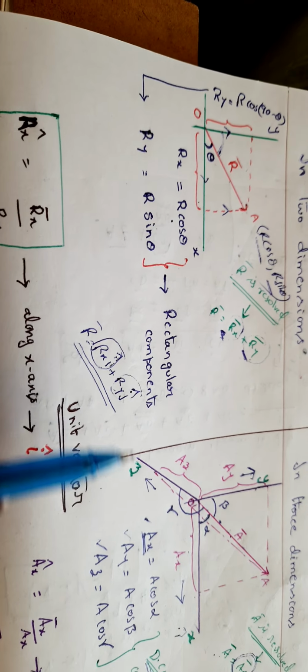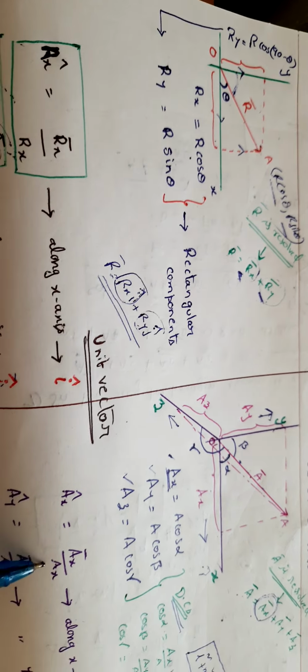Similar concept here. So Ax bar can be written as Ax into I cap, which is the unit vector along the x-axis. Ay bar is Ay into J cap, which is the unit vector along the y-axis, and K cap is the unit vector along the z-axis. So therefore Az bar is equal to Az into K cap. Thus how can you write now? A bar is equal to Ax I cap plus Ay J cap plus Az K cap.